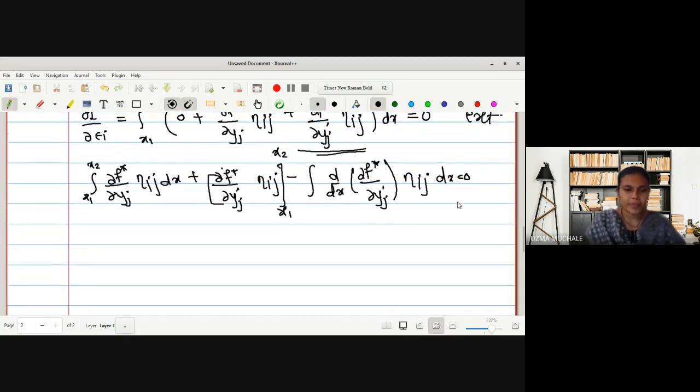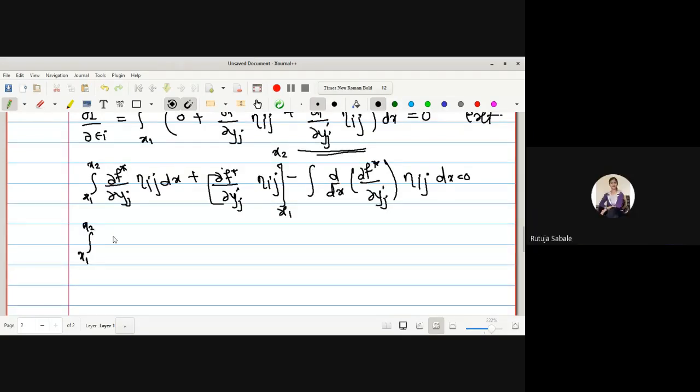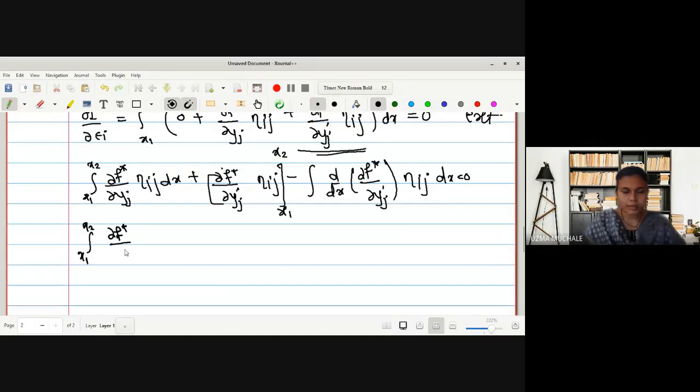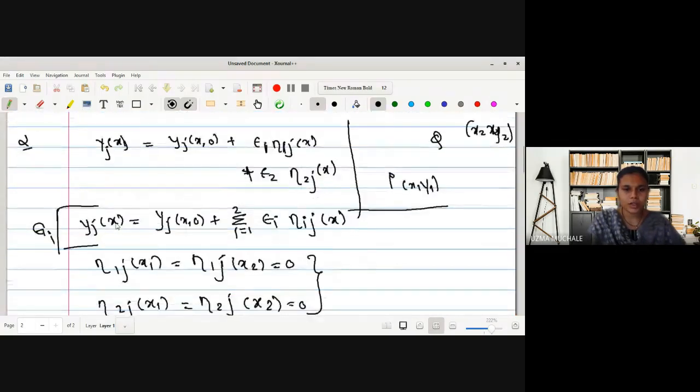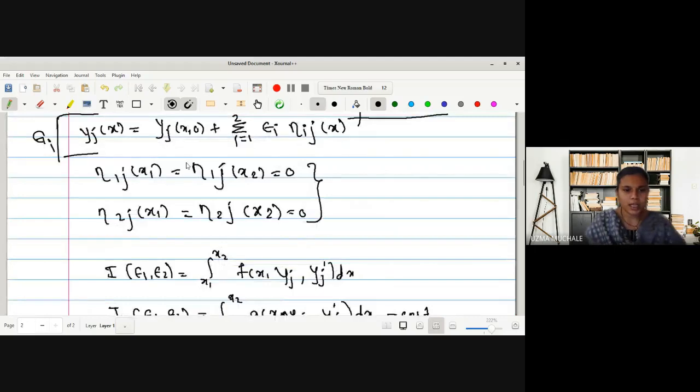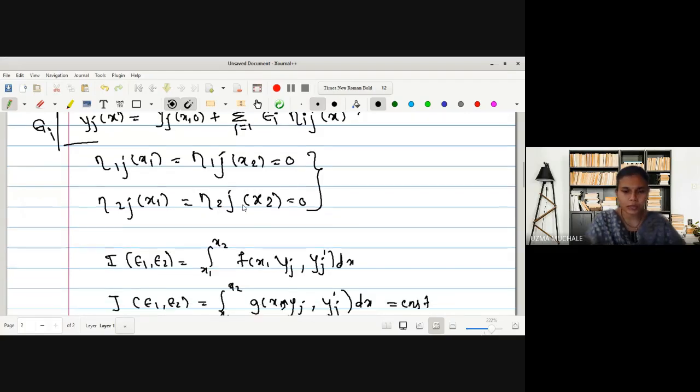Okay. What is the second term? It is 0. Why? Because eta ij at x1 and x2 is equal to 0. This is the condition we have written here: eta 1j of x1, eta 1j of x2 equal to 0, eta 2j of x1, eta 2j of x2 equal to 0.